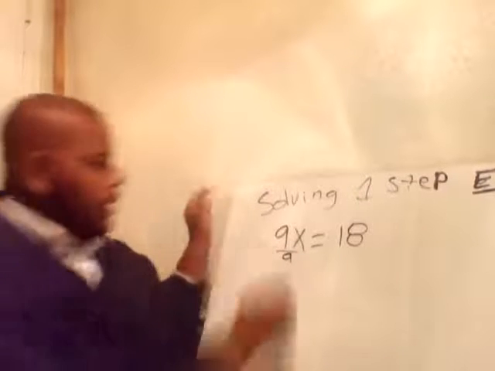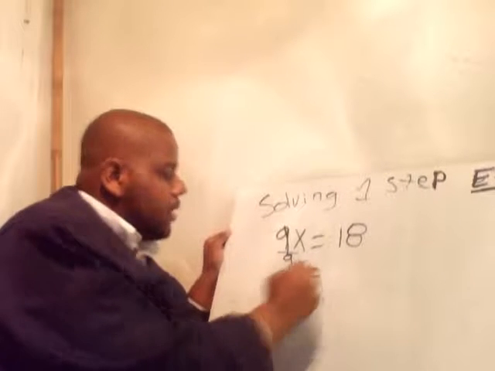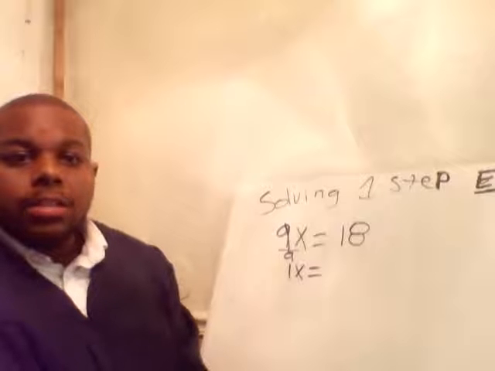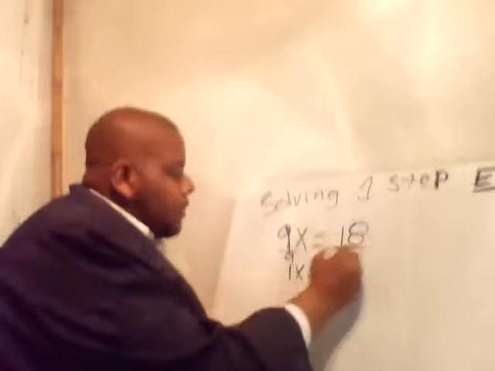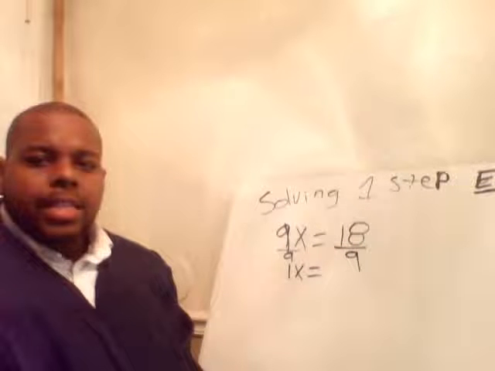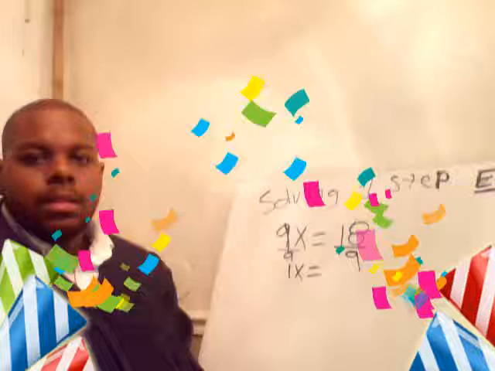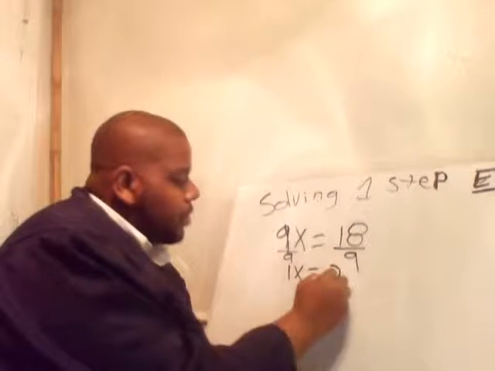9 divided by 9 is 1. So I have 1x equals. What's our golden rule of solving equations? Do the same thing to each side. Divide by 9 here. So what's 18 divided by 9? Yes, it's 2.